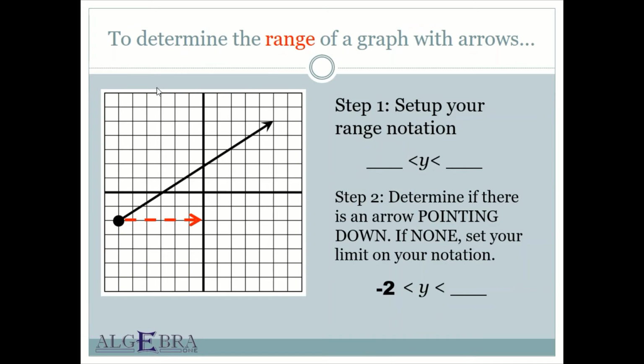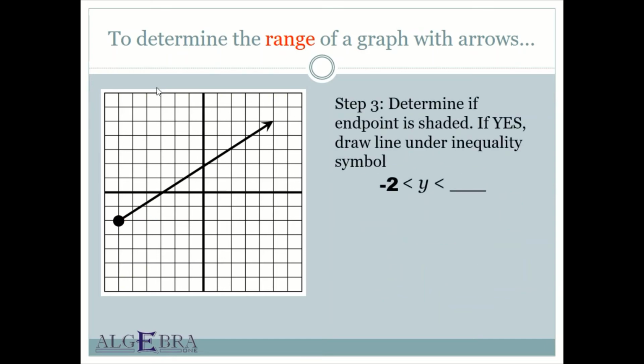Is -2 included in my range? Because that circle is a solid circle, it is filled in. I know that yes, -2 is included. So my inequality sign is going to have a line underneath it to represent equality.